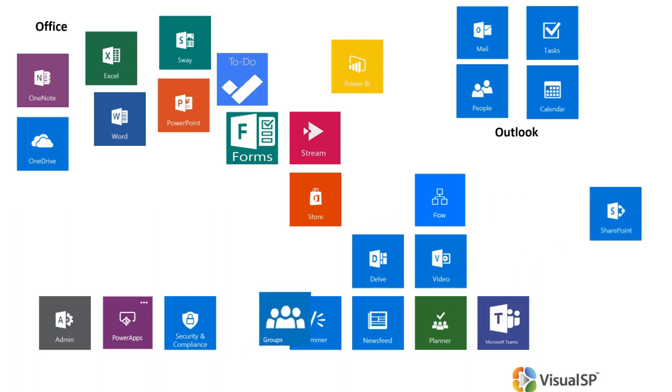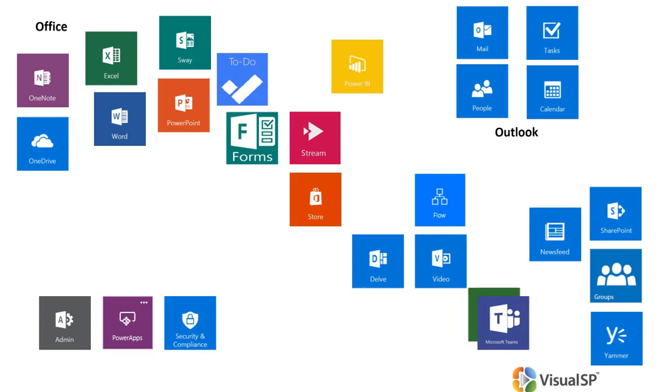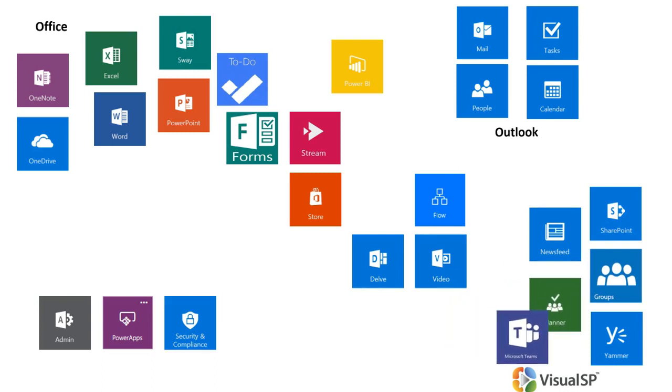Then you got SharePoint, you have groups, you got Yammer, Newsfeed, and Planner, and Teams. And this category I called collaboration. So easy to collaborate with people using SharePoint classically, but also using groups, which are more Exchange-based. You can use that as well.